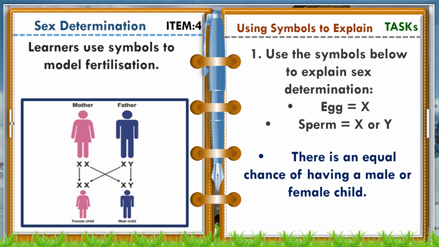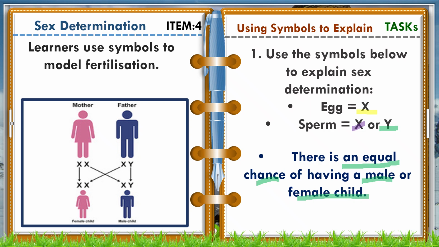So when you look at this combination, X can either go with X or it can go with Y. There is an equal chance of having a male or a female child.